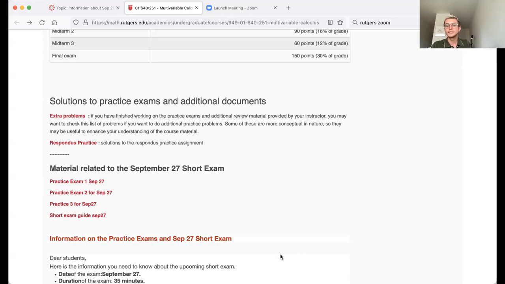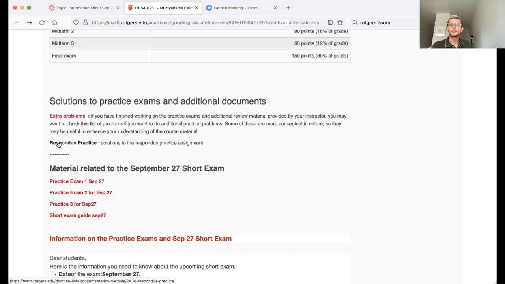But there's an assignment on MyLab called Respondus Practice or something like that, which actually does use Respondus, so that you get a sense of how Respondus works if you haven't done it before. I also think you have to download some software for it to work.